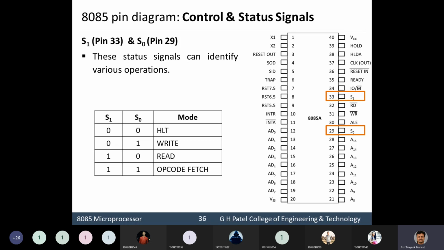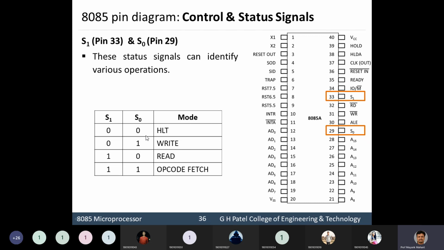I can understand HLT as halt, but the microprocessor will not, so I code it as some value it can understand, say 76. Whenever the microprocessor sees that the opcode is 76, it will perform the halt operation. So these are what are called opcodes.